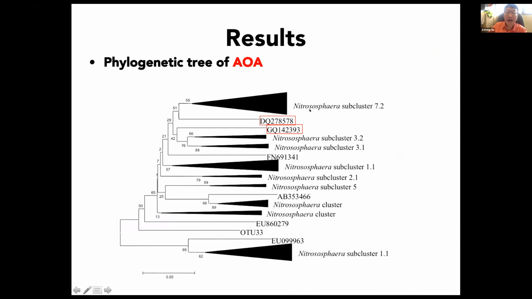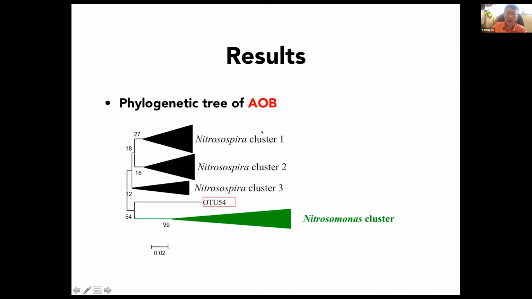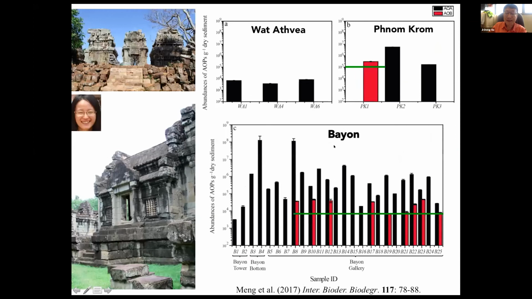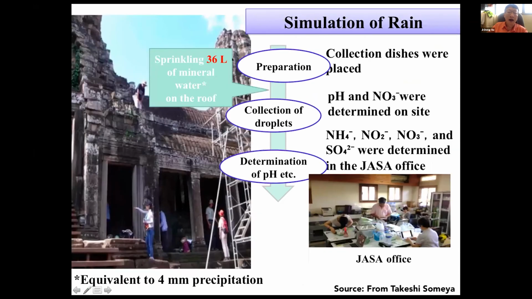We know the microorganism names, the bacteria names, and we repeated this particular experiment in the following year at 3 different temples. We found similar results. That means archaea are much higher than bacteria. And we also carried out a simulation experiment, where we carried 36 liters of deionized water onto the top part of this gallery, simulating rain water.